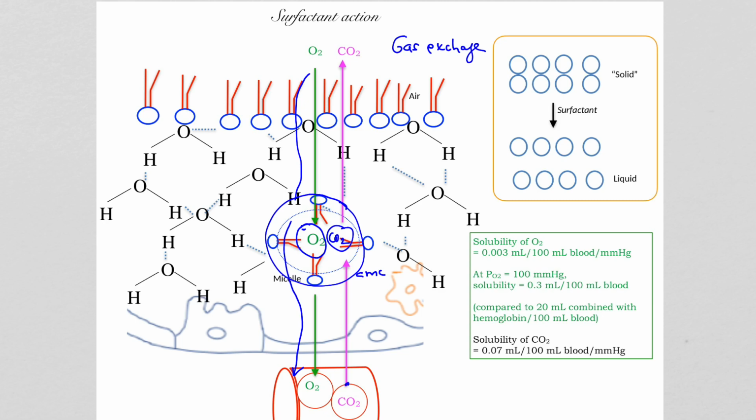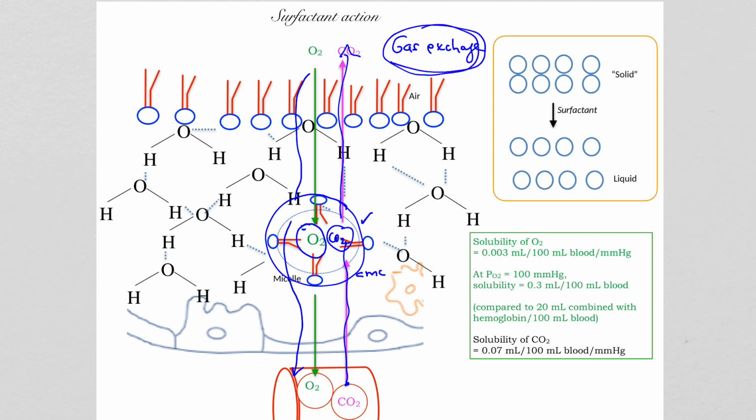And then from the blood capillary, carbon dioxide can also get out onto the alveolar air. So the presence of these micelles, if the concentration of lipid is increased above CMC, this possibility also exists that helps in gas exchange.